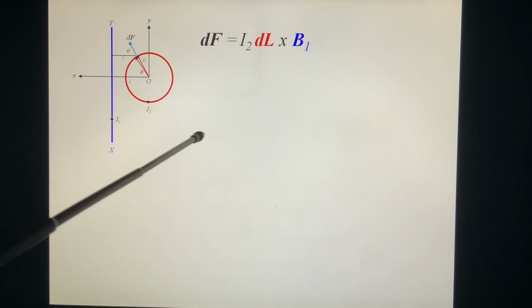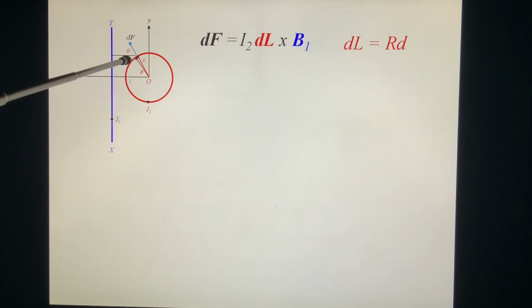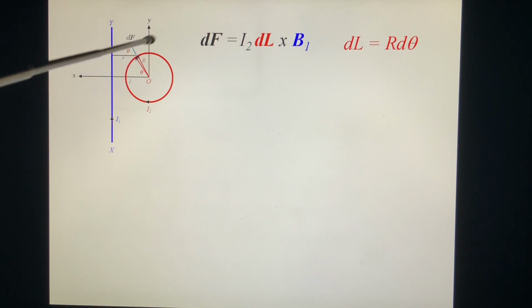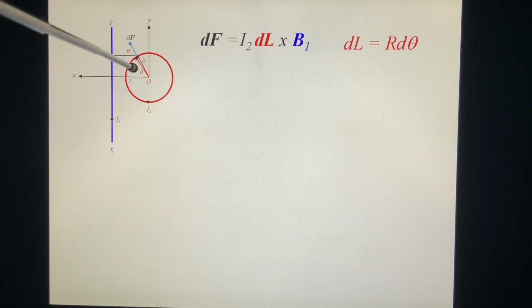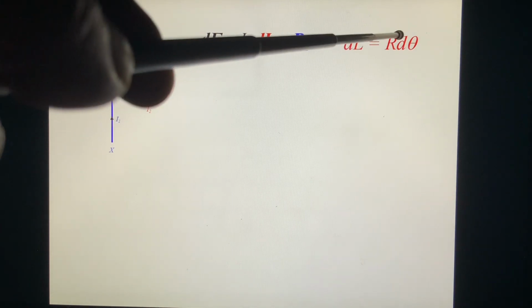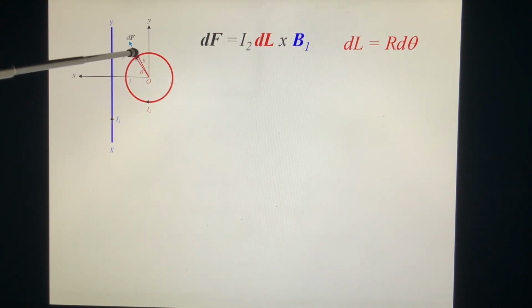And we see, okay, this is dL direction along tangent. B is perpendicular into the page. So I dL cross B is dF, perpendicular to the plane, to the B, perpendicular to the section. So dF is along the radius of r. Okay, yeah, and see dL is r d theta, very small section.